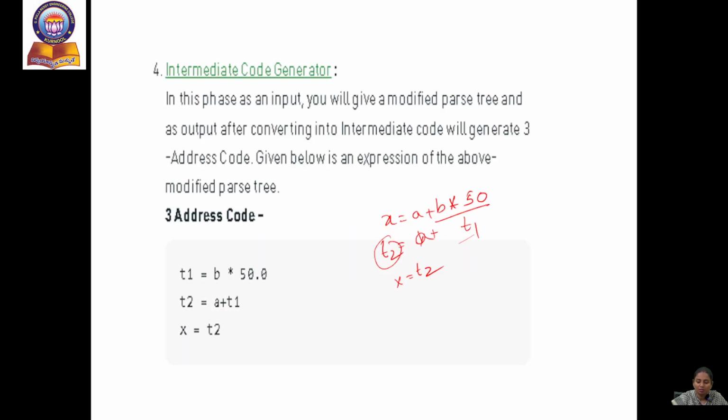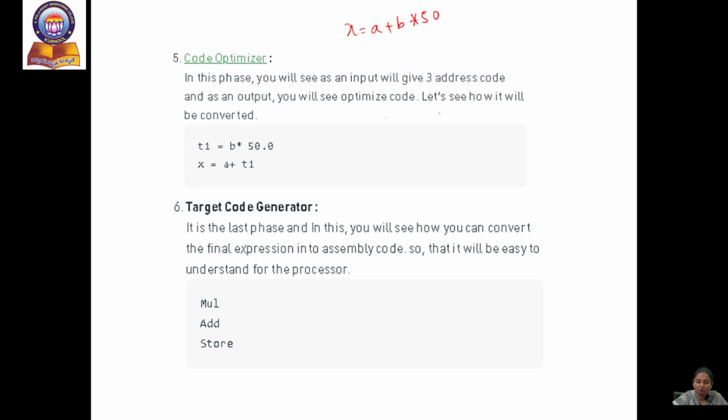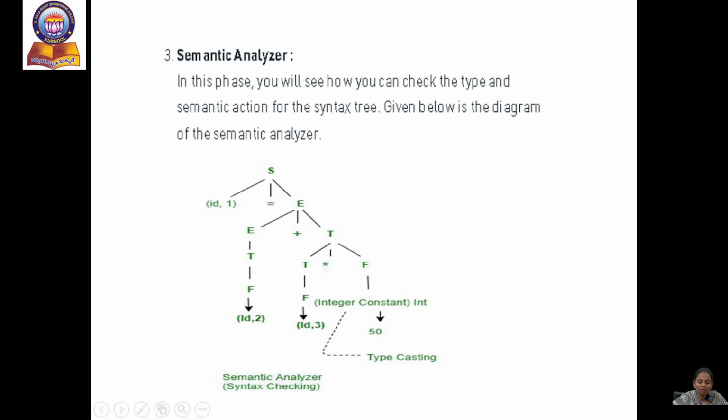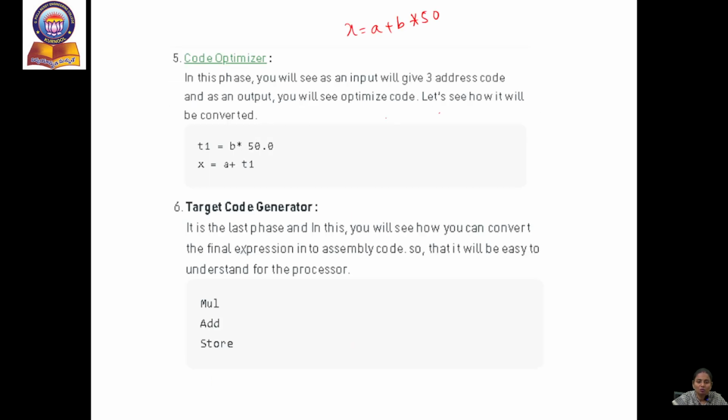This will be considered as t1 and directly t2 is equal to a plus t1 we have taken. So there is no need of converting again into t2; directly we can take x and store a plus t1 in x. Unnecessarily we have written an extra statement here, so by optimizing it, we can reduce 3 statements into 2 statements for this given expression. Like that, if we have written any unnecessary code, it can be optimized by the code optimizer.